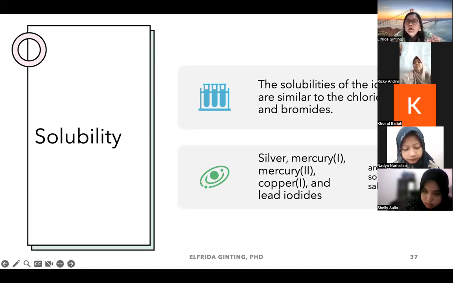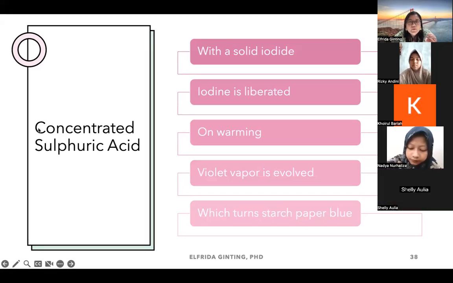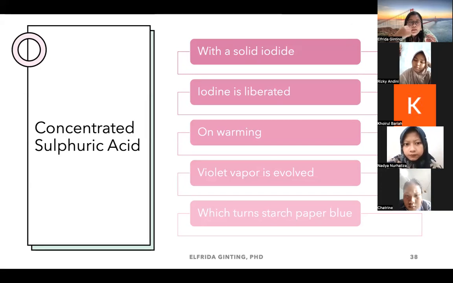Okay. Next here. The first reagent that we can use is sulfuric acid. Now we mix sulfuric acid with a solid form of iodide, and in this case we don't have hydrogen iodide, but iodine gas will be formed.